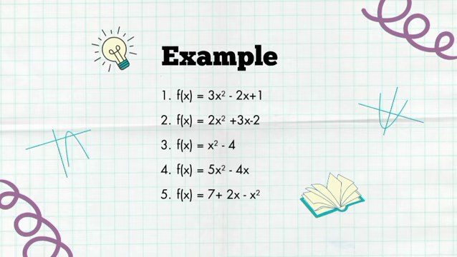Here, even though the terms are written in a different order, we can rewrite the function as negative x squared plus 2x plus 7. Therefore, a equals negative 1, b equals 2, and c equals 7. So everyone, you should be able to identify the values of a, b, and c, even if the terms are written in a different order.